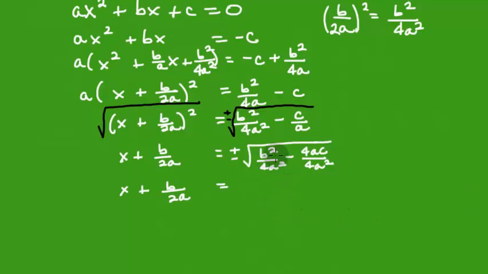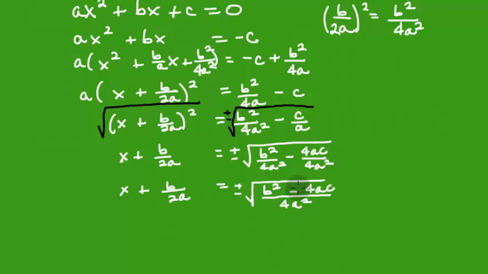I already have the common denominator, so I'm going to combine these numerators. It's all over the common denominator, and all of this is still underneath the square root. I know it doesn't look like it, but it actually is covering the whole thing.